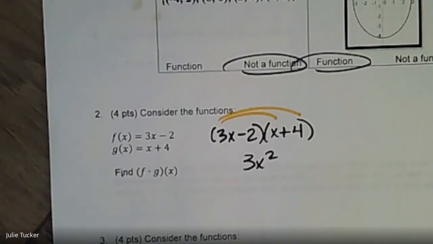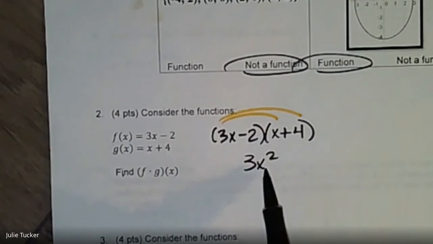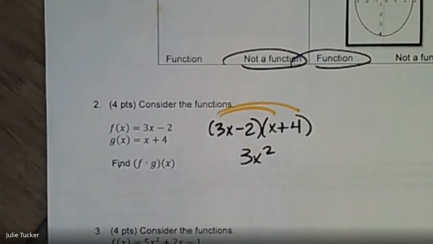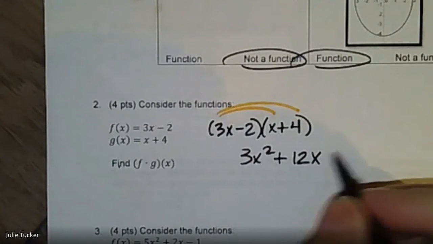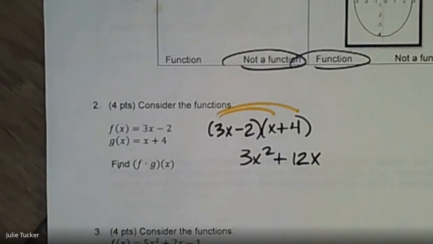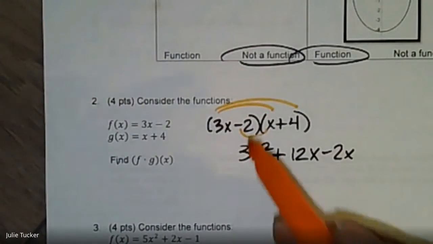That's okay. So what do I have to write now that I'm done? I wrote 3x squared. What comes next? Right. So 3x times 4 is? Good. 12x. Now what? Negative 2x and good.